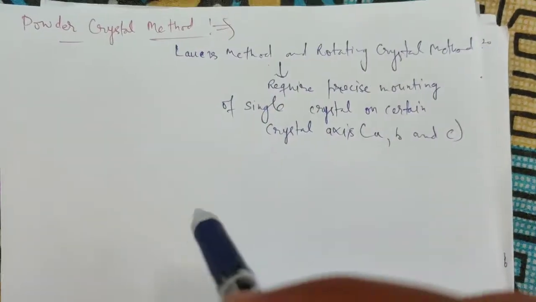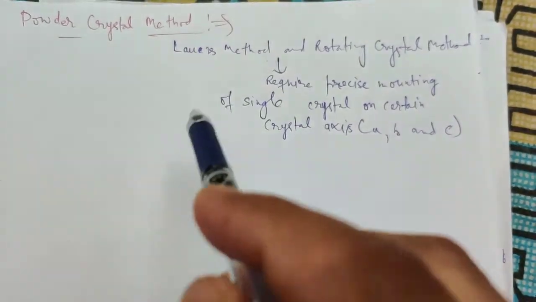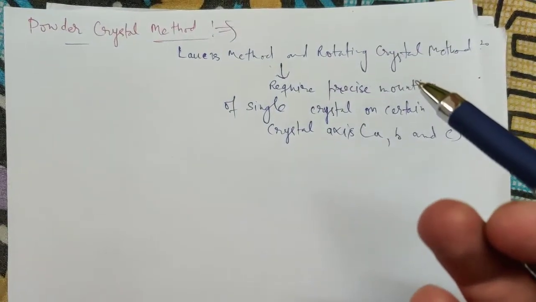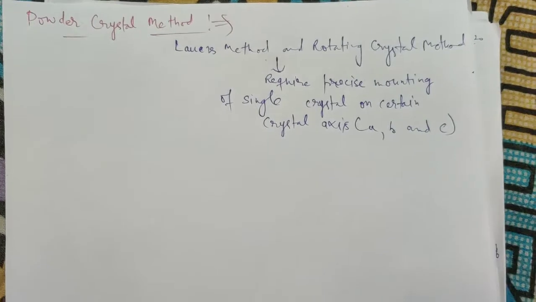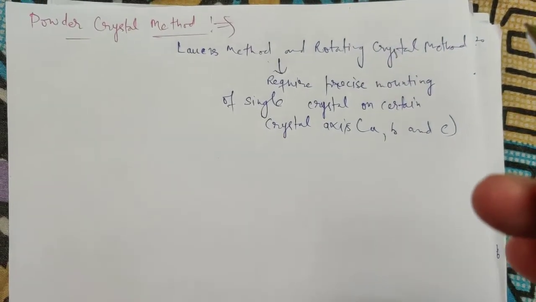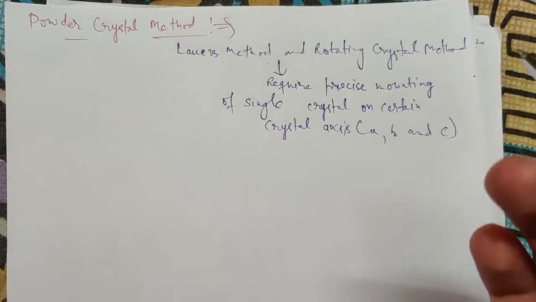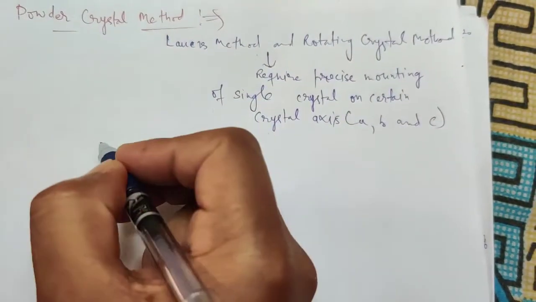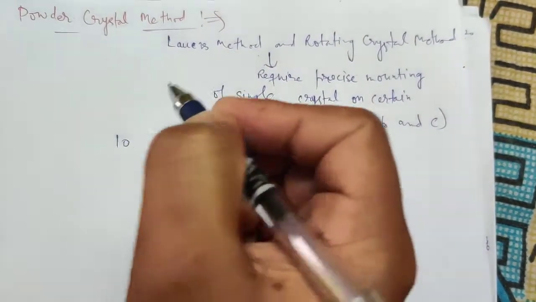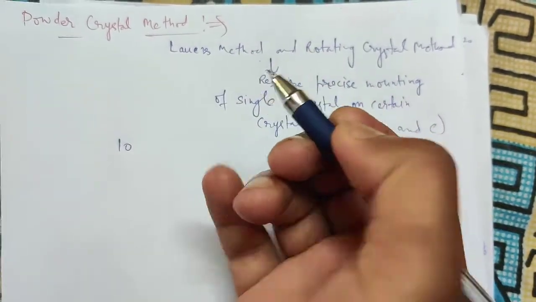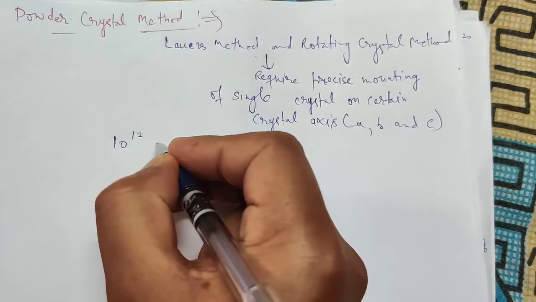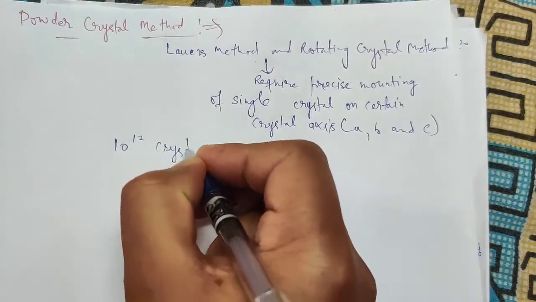Therefore, to overcome this difficulty we use the crystal in powder form. In the powder form we have many crystallites. In a 1 millimeter cube sample we have 10 to the power 12 crystallites.